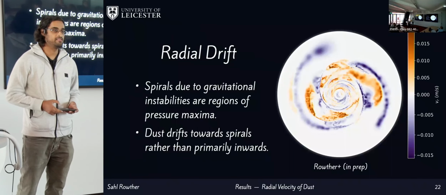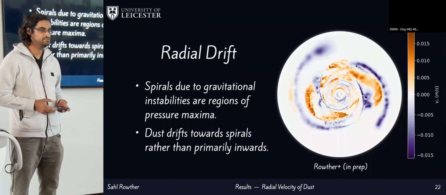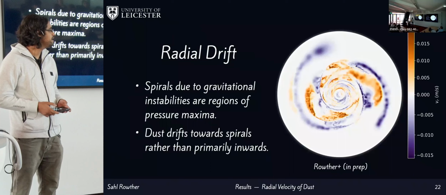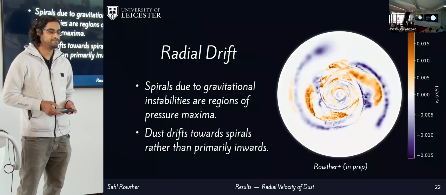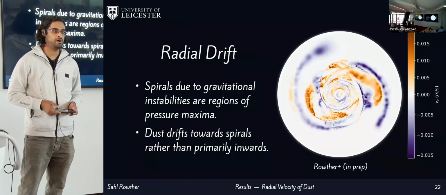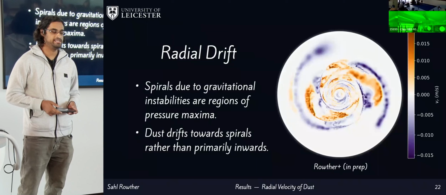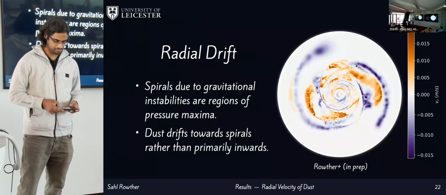So unlike a smooth disk, the dust does not drift purely inwards, so it's a bit speculative as we can only simulate for one outer orbit here, but perhaps gravitational instabilities are a way to slow down the later drift of dust towards the central star.